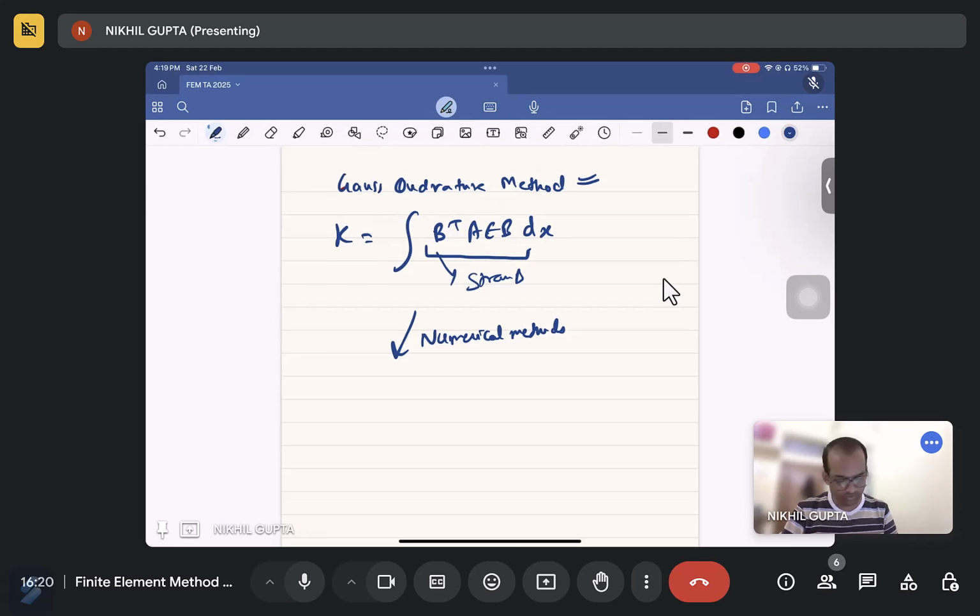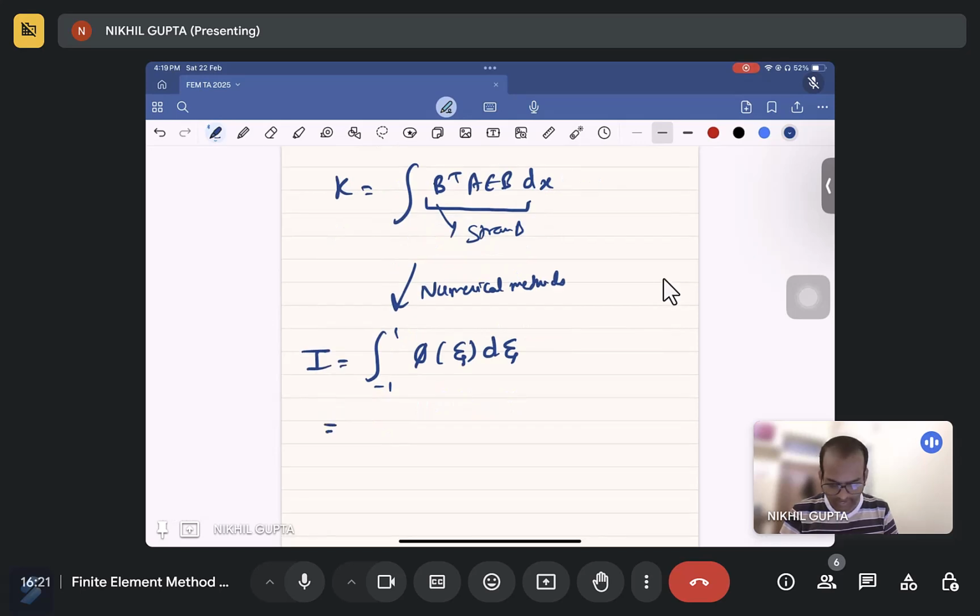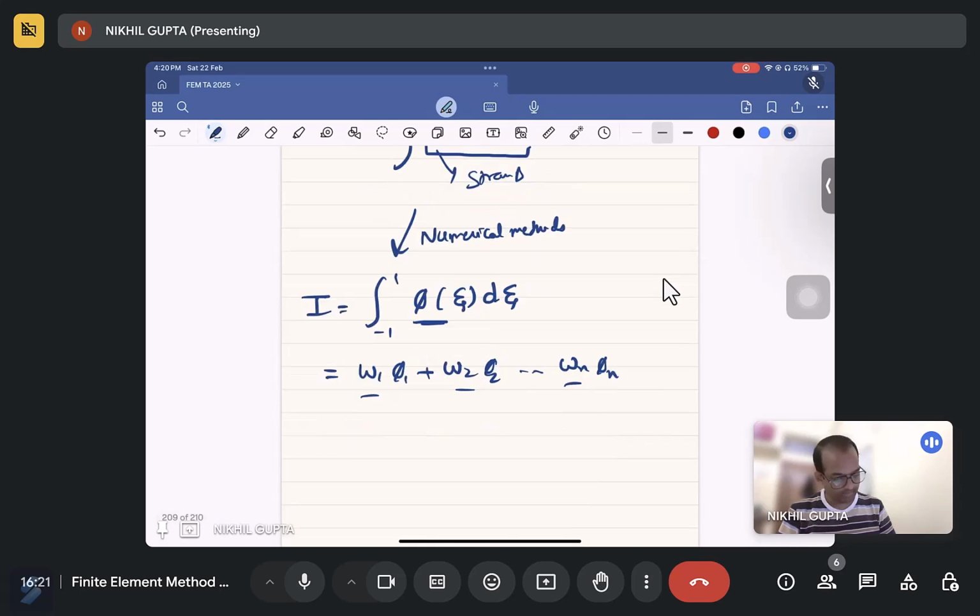So what you will do in that, if let's say your integration is like this, phi. You can directly write this integration as w1 phi 1 plus w2 phi 2, and so on till wn phi n. You don't have to think what function it is. You just put phi and you can get this value. Now how these w1, w2, wn depend, I'll tell you.